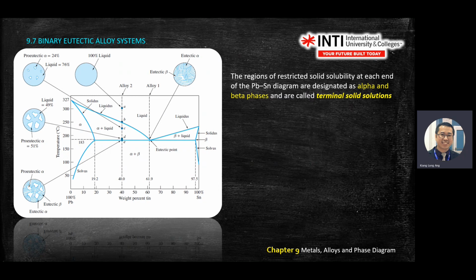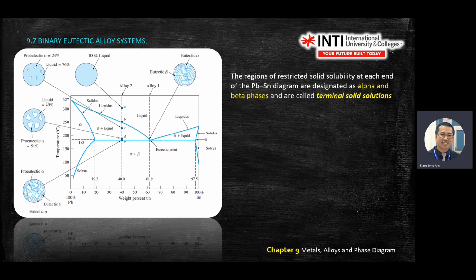On the left pocket, you have alpha. On the right pocket, this very small pocket here, you have beta. On the right, this is 100% beta, and on the left pocket you have alpha. This is called terminal solid solution.